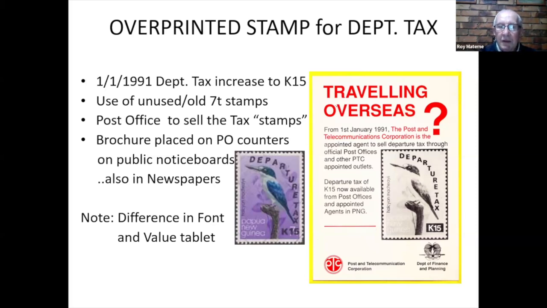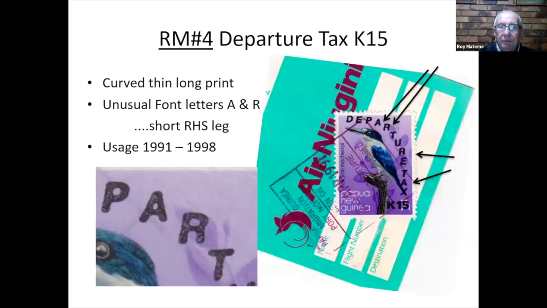The first printing was a large overprint, and they had an unusual font for the letter A and the letter R. I've highlighted it on the bottom left illustration, and used arrows to point it out on the actual stamp on the right.